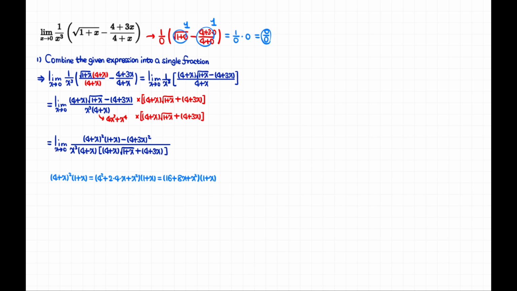Now, just keep expanding. 16 is the constant term, and the linear term is gonna be 16x and 8x. If you add these two, it becomes 24x. This is how Korean students actually do it.